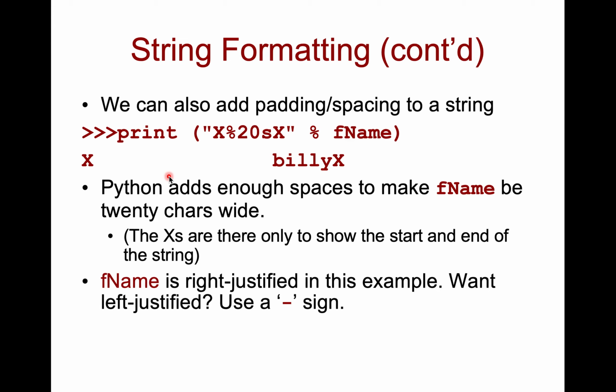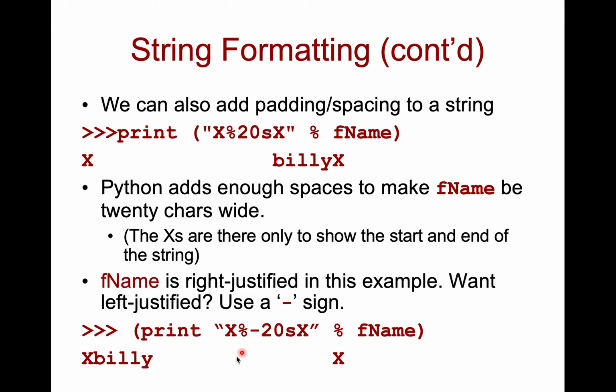So fname right now is right justified. That means that the value, the string, is appearing on the right-hand side of the output, okay? But oftentimes we want the string to be on the left-hand side and for the spaces to be after the string, okay? In that case, we use a minus sign. So you'll notice that the difference between these two strings is that we have a minus sign in here, it's exactly the same otherwise.